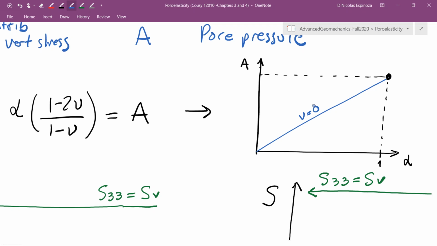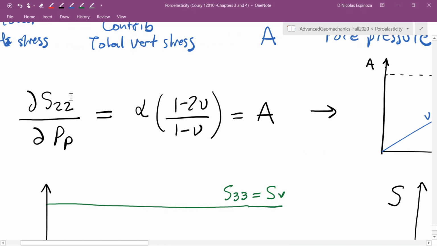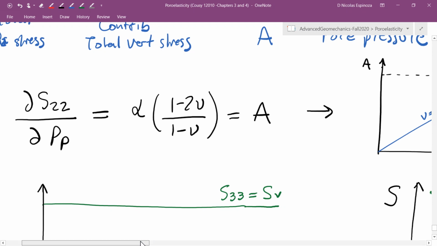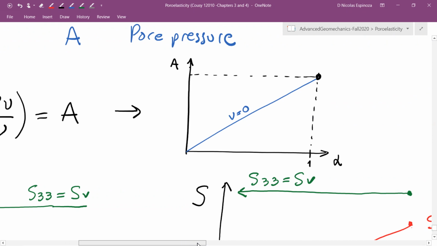And notice that what that also means is that the change of total horizontal stress in such a formation due to change of pore pressure is going to be 0. Actually, pore pressure is not going to affect the total horizontal stress if the Poisson ratio is equal to 0, which is unreal, okay? But just to figure out what's going on, that means that the rock is not expanding laterally when you compact it more and more, and it makes sense that the total horizontal stress is not going to change.